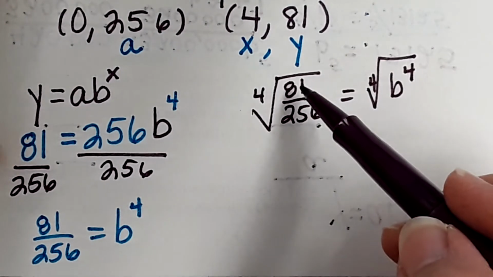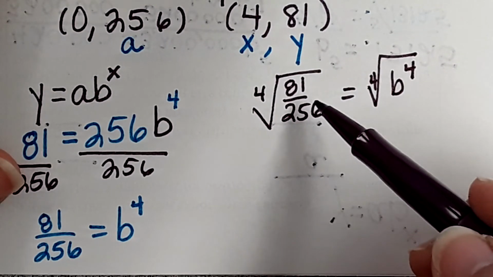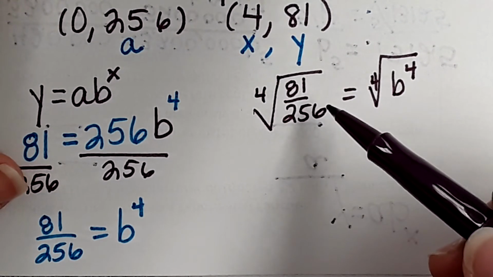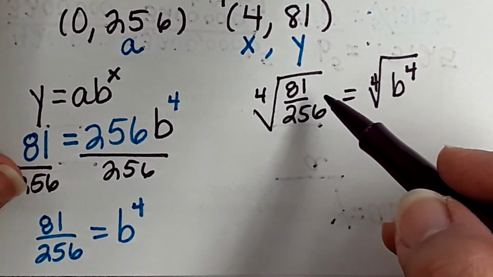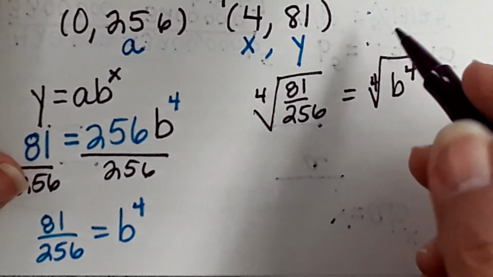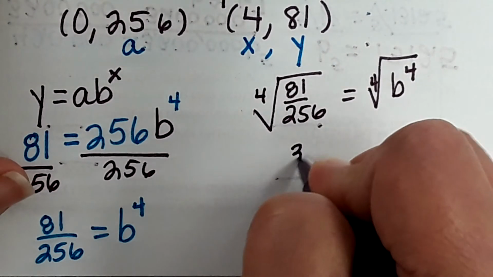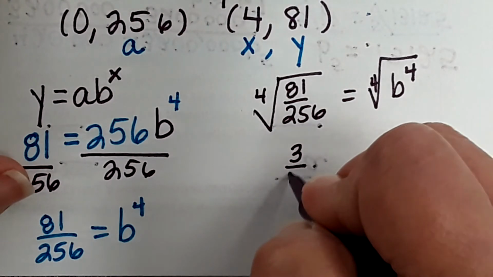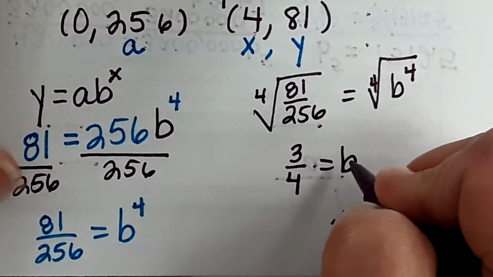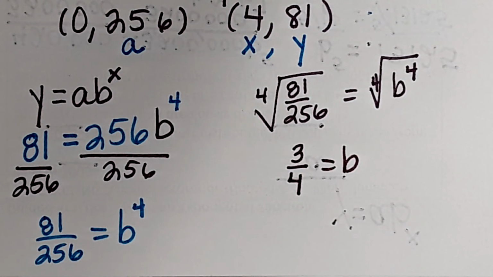You're going to get, I'll take either one, but you should know that the 4th root of 81 is what? 3. And what is the 4th root of 256? 4. If you say, Miss Fleury, I did it, and I got a decimal, I got 0.375, you got it right.